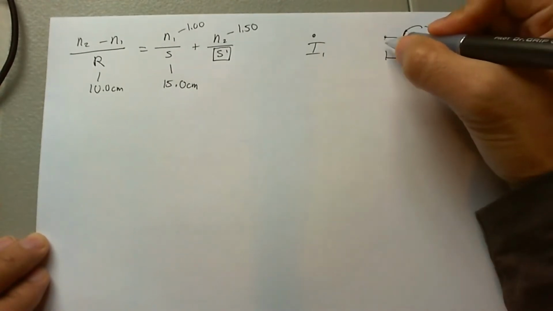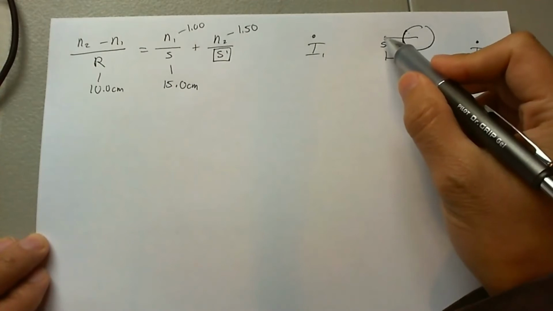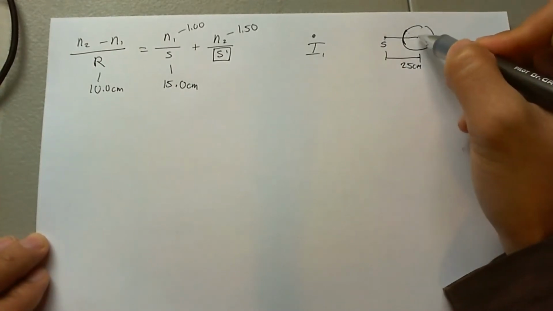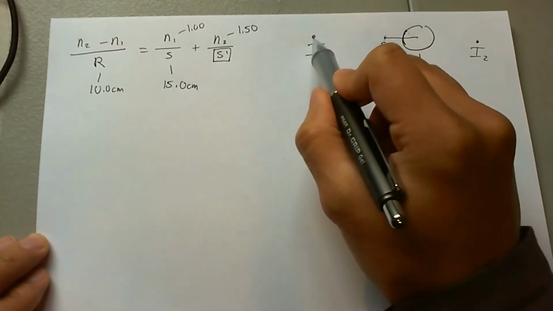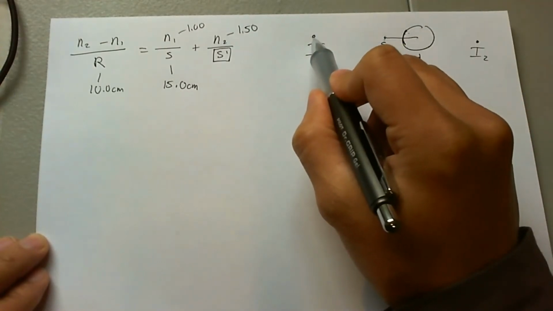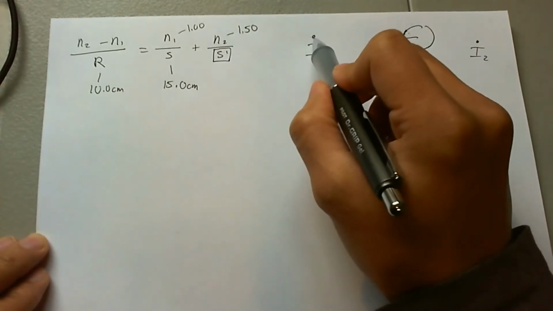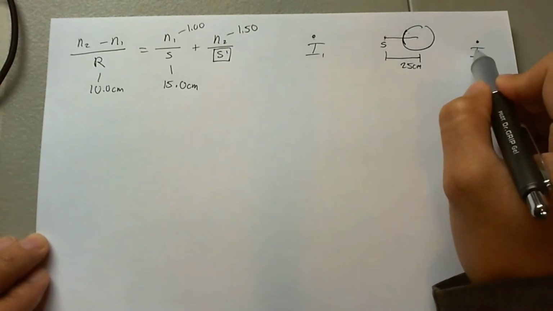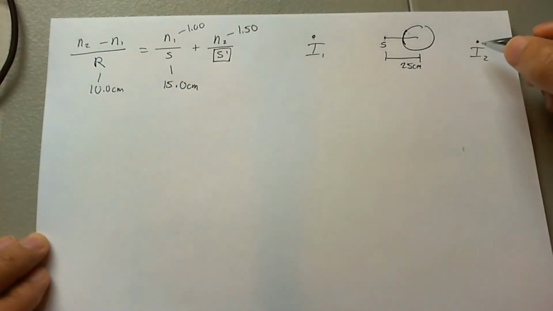So you see what's going on there. A source is spewing out light or reflecting light all over the place. The light that interferes with that to produce a clear image goes over here. The light ray goes over here. This then becomes the object of the second image that is then produced over here. And this is the final image, I2.